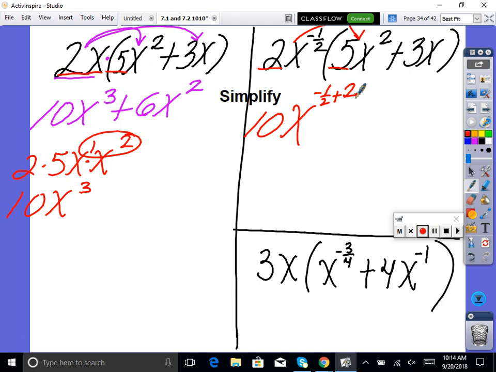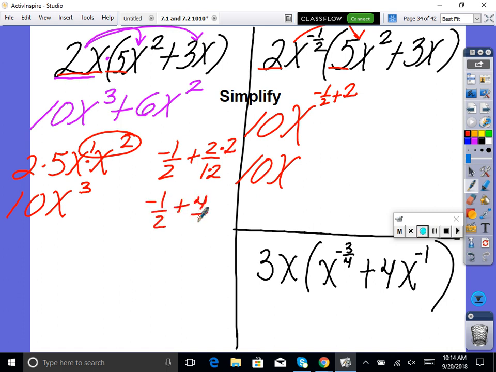So now let's keep going. Oh, we can simplify that. So we have 10x to the negative 1/2 plus 2 over 1. Get a common denominator. Times by 2 over 2. So that's negative 1/2 plus 4/2, which is positive 3/2. So we actually have 10x to the positive 3/2.